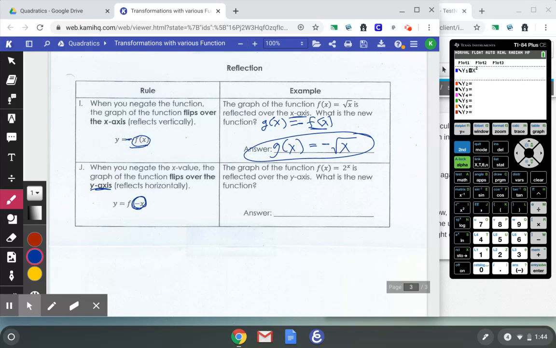Let's do y equals x. All right. So if I multiply, you're not going to see it with that one either. You'll see it with the, let's do this one.